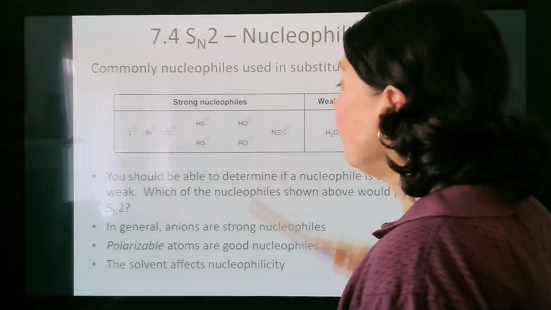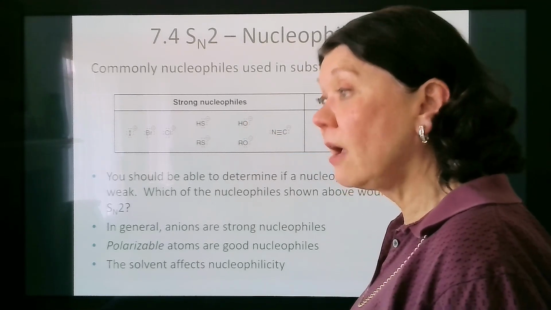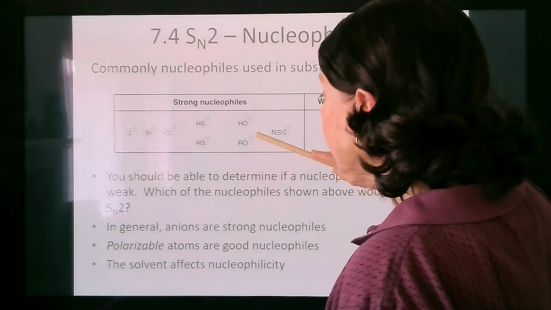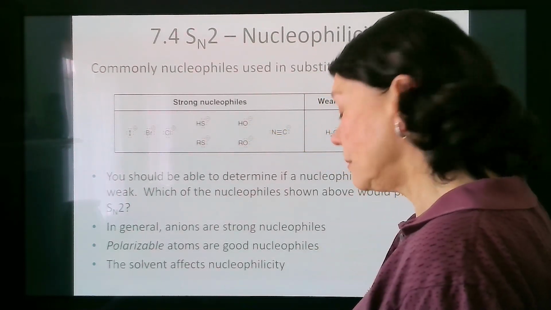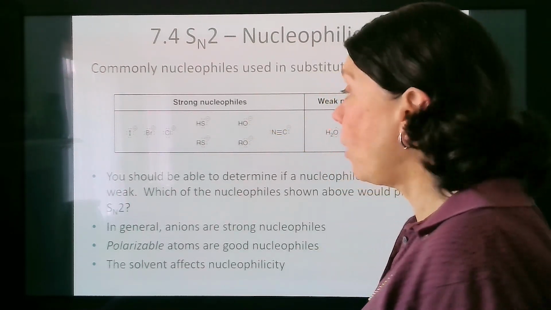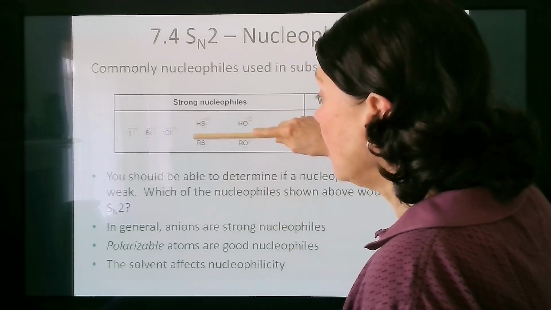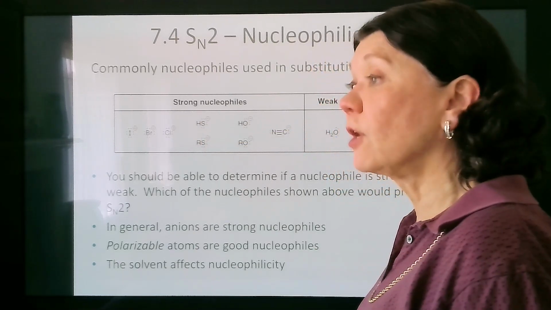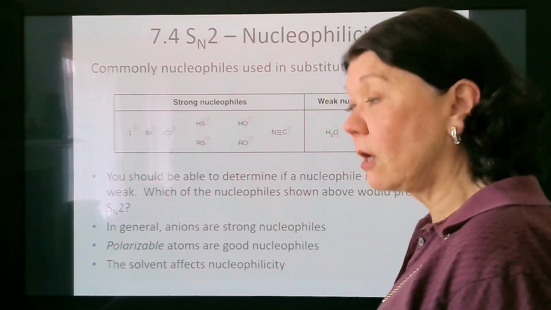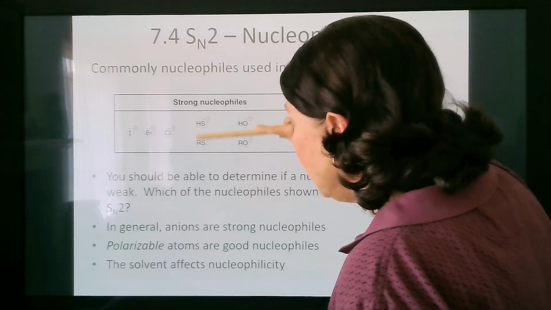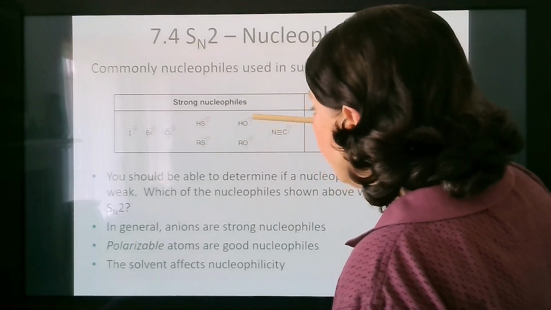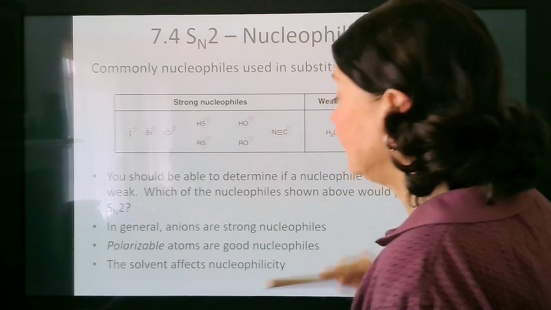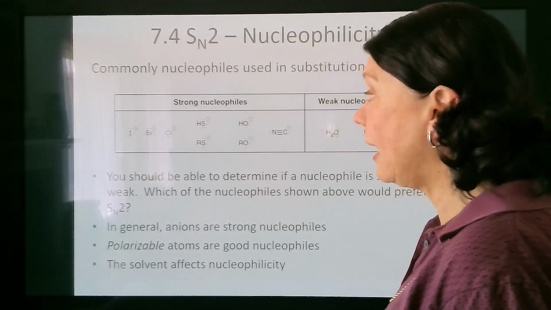Even though the oxygen may have a higher electronegativity and may be more reactive in some ways, here, as a nucleophile, these are going to be more reactive because of their polarizability. So these two are more reactive than those. The sulfur anions are more reactive than the oxygen anions as nucleophiles.